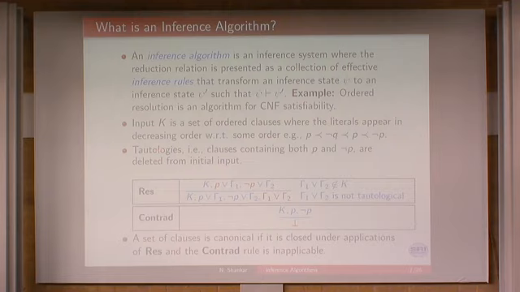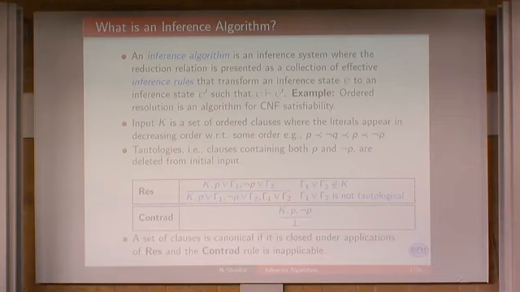Another important point is that clauses containing both P and not P, that is P or ... or not P, are tautologies. They don't contribute any information to the satisfiability problem, since they are just true, so you can drop them. They don't constrain your solution in any way. So you drop tautologies from the input.